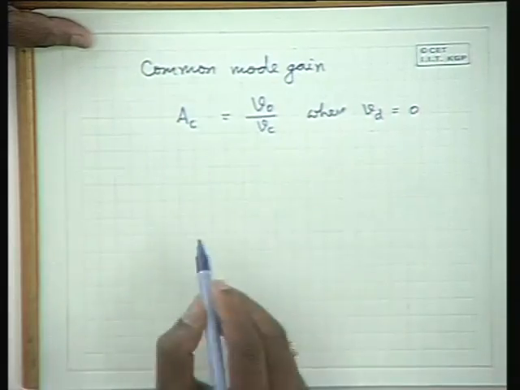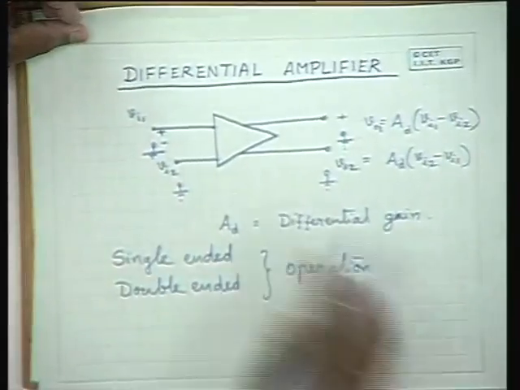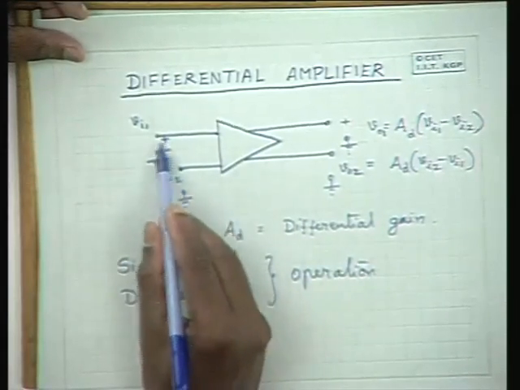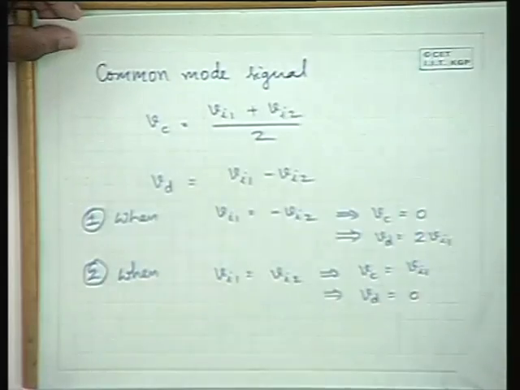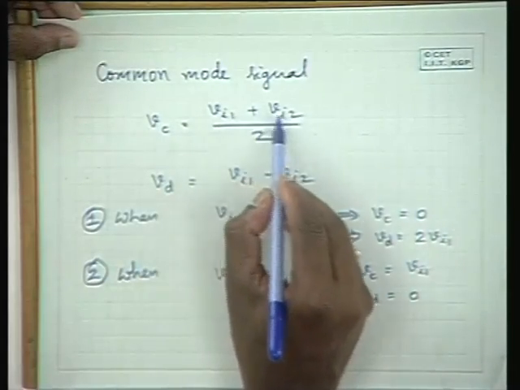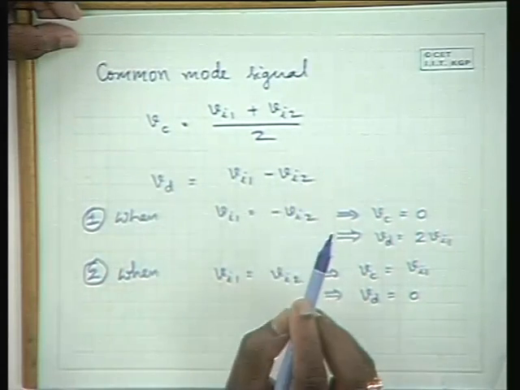In the present example, Vi1 is the input at terminal 1 and Vi2 is the input at terminal 2, the common mode signal is (Vi1 plus Vi2) by 2 and the differential signal is Vi1 minus Vi2.